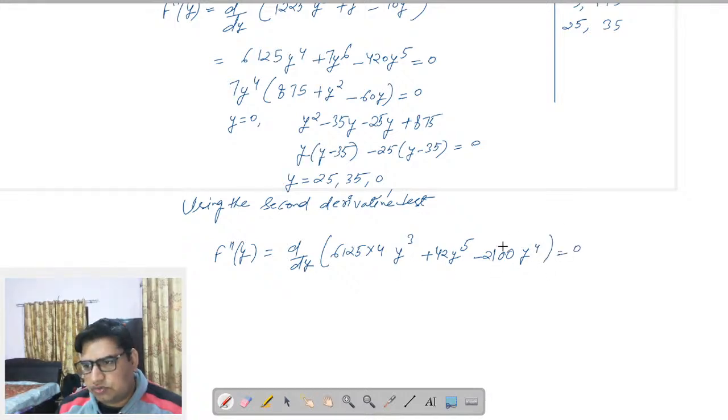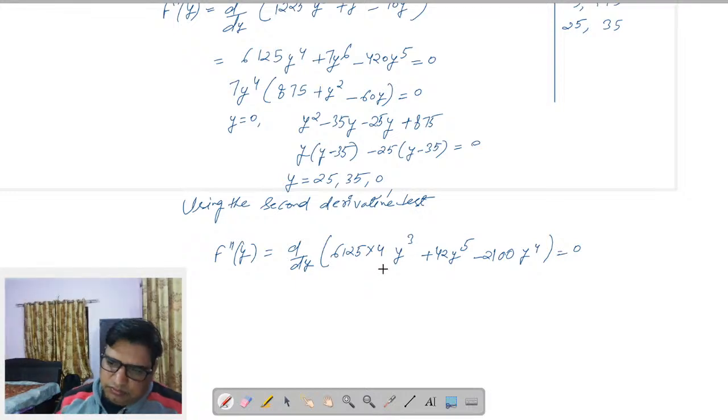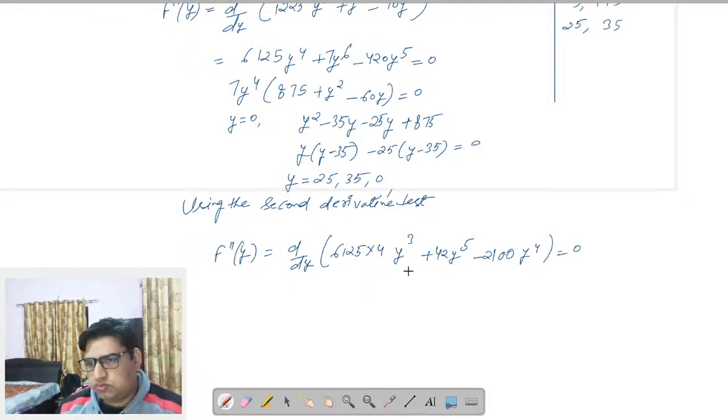Equate that to 0, and if you substitute y is equal to 0 into it, it will be 0 only, and if you substitute 25 into it, that will be too large to calculate, then 35, okay.